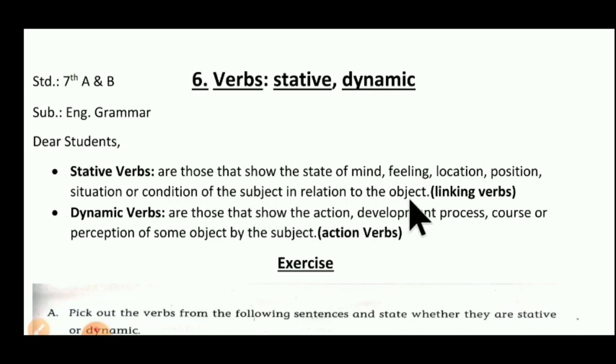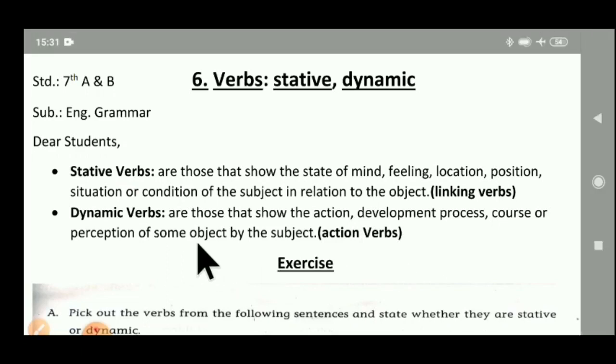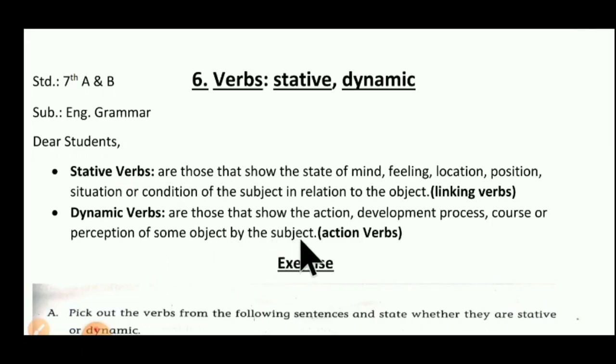It is known as a stative verb, or in our language a linking verb. Dynamic verbs are those that show the action, development, process, course or perception of some object by the subject. In simple language, this type of verb is known as an action verb.